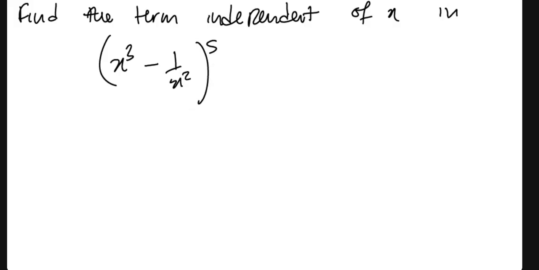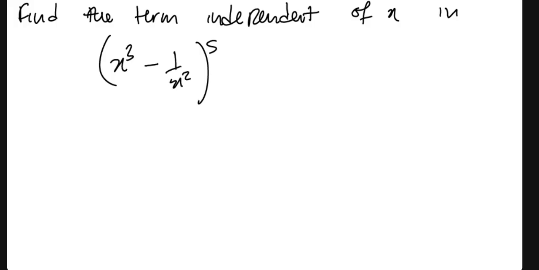So I want to find the term independent of x. So when we talk about a term which is independent of x, we are talking about something that has no x. Okay?